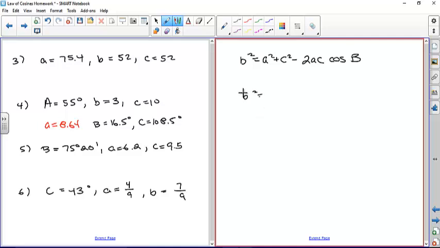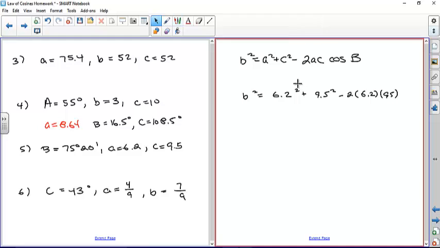So we get b squared is equal to a squared, which is 6.2 squared, plus c squared, which is 9.5 squared, minus 2 times 6.2 times 9.5, and then that.